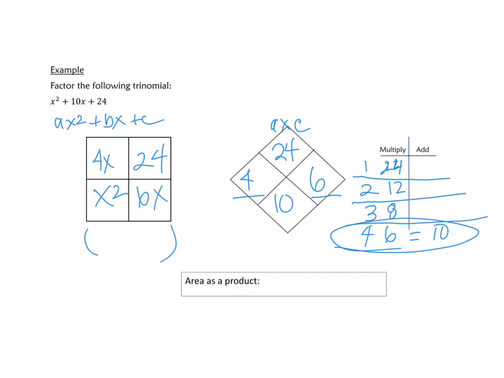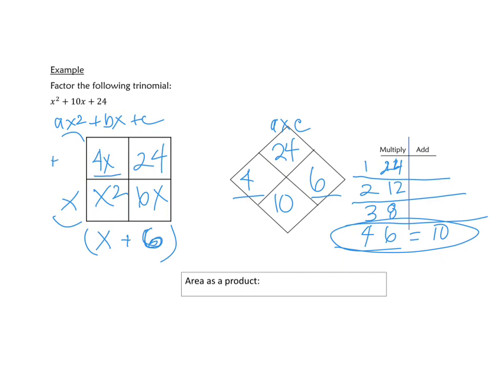Now we have to determine what the sides are. Start with an x here. x times what equals x squared? If you said x, you are correct. And now I have to ask myself, x times what equals 6x? I think you know that one. If you said 6, you are correct. And x times what equals 4x?